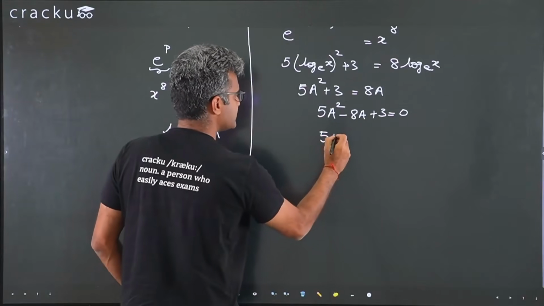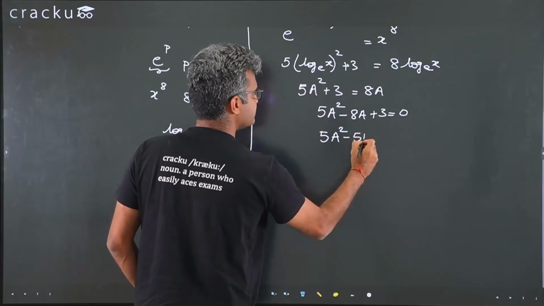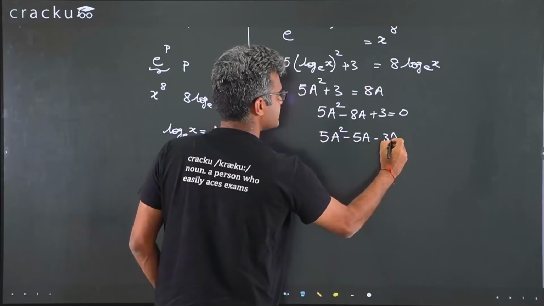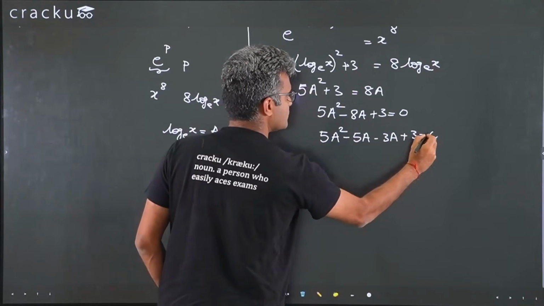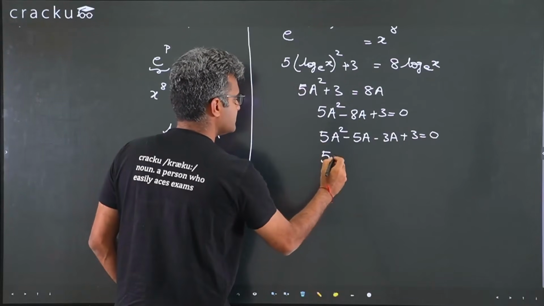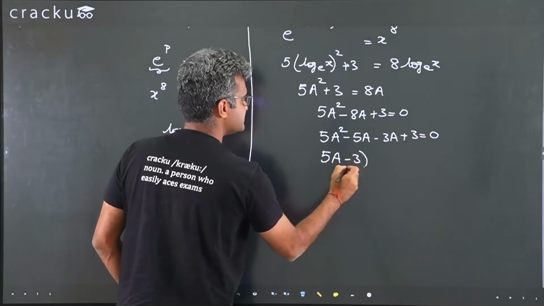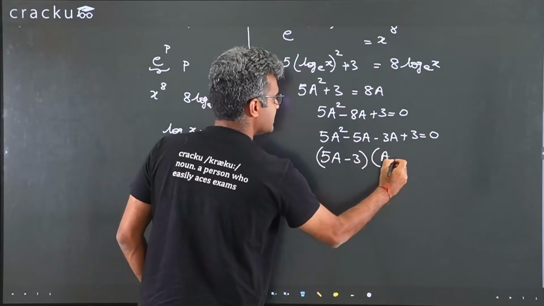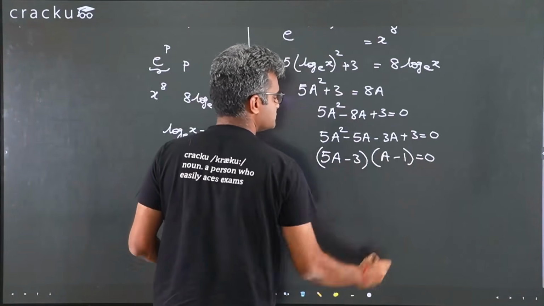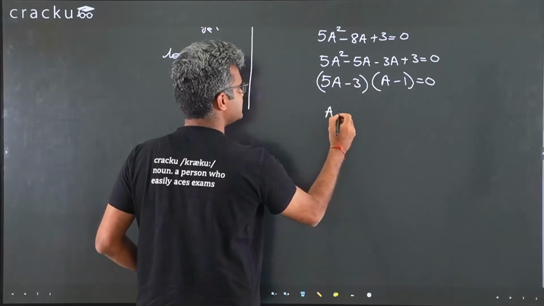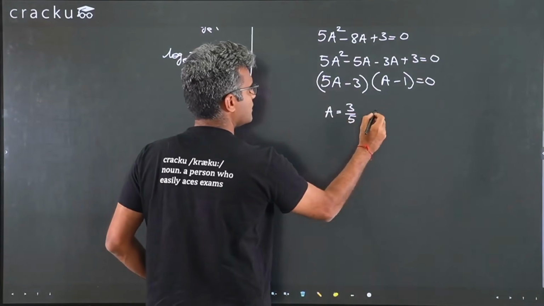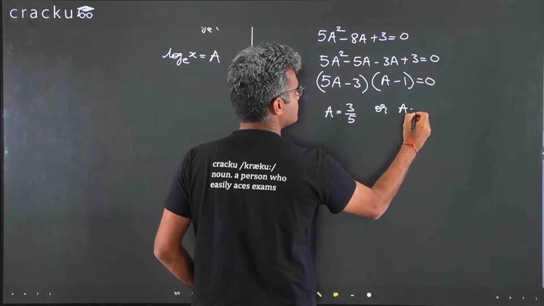This is 5a square minus 5a minus 3a plus 3 is equal to 0, or we can factorize this as (5a minus 3) into (a minus 1) is equal to 0. So a is either equal to 3 by 5 or a is equal to 1.